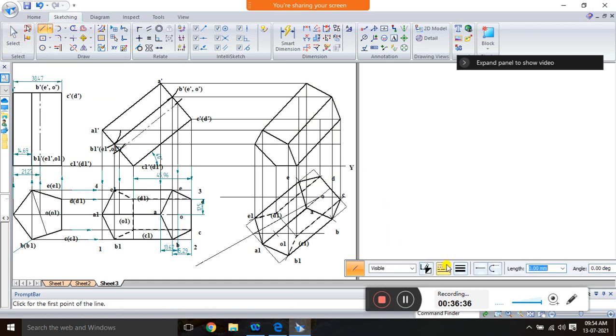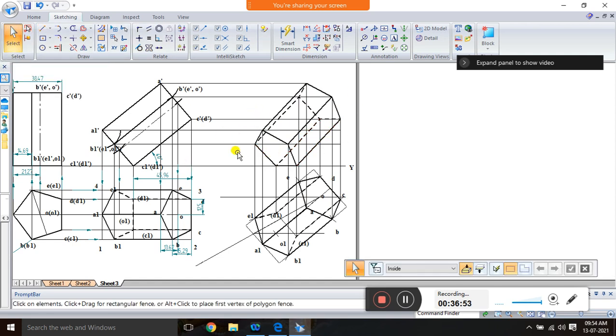And there are hidden faces like this. So from here to here, and here to here. See, this is the invisible faces.